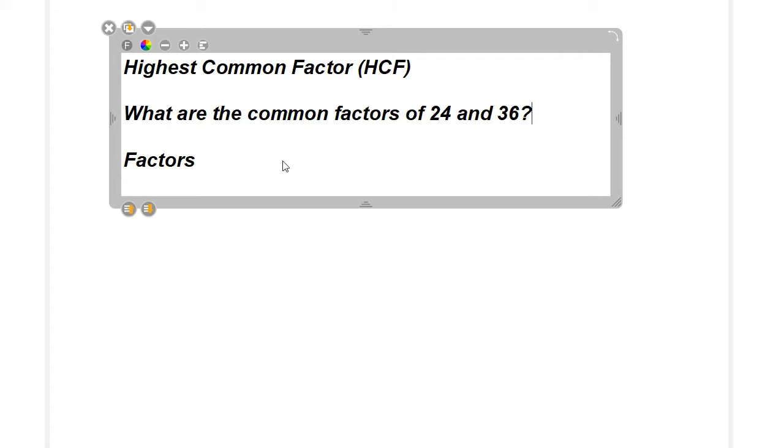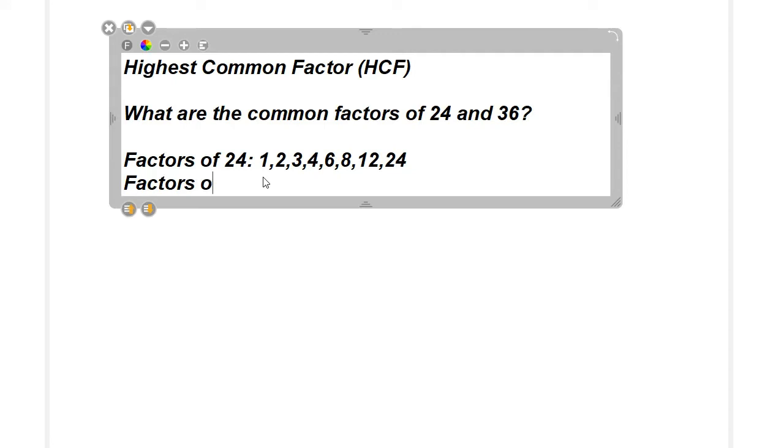Okay, so the factors of 24 will be 1, 2, 3, 4, 6, 8, 12. I hope I don't miss any.